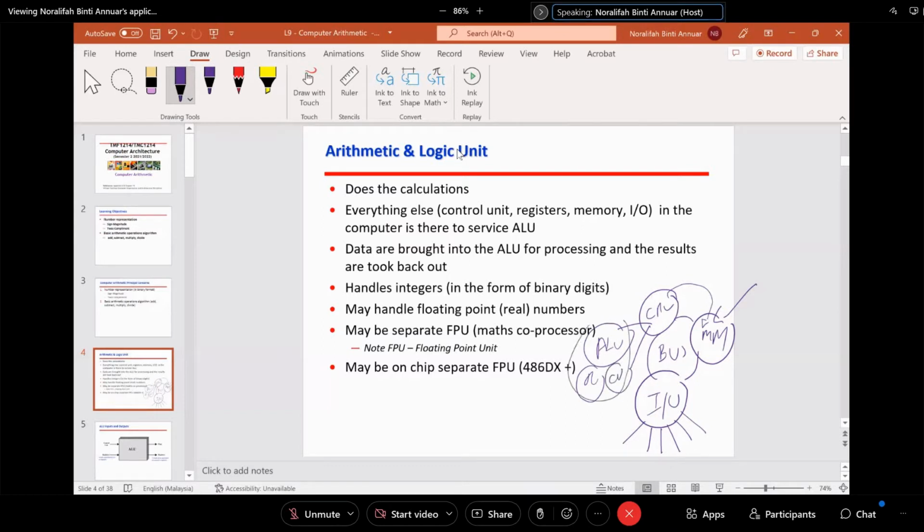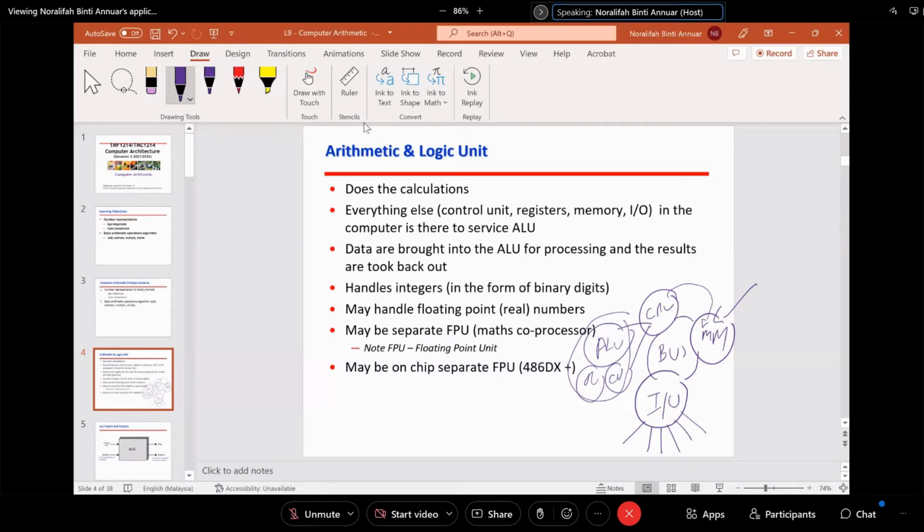As for today, we're looking at the ALU, arithmetic logic unit. Basically, we want to learn how the computer performs mathematical operations. So kita akan tunjuklah macam mana cara using pencil and pen. So basically, you already covered all these main components. The calculation is done by the ALU.